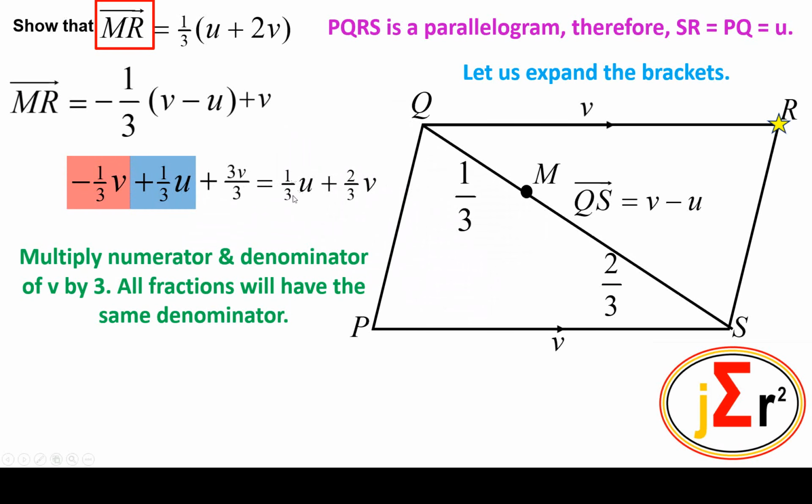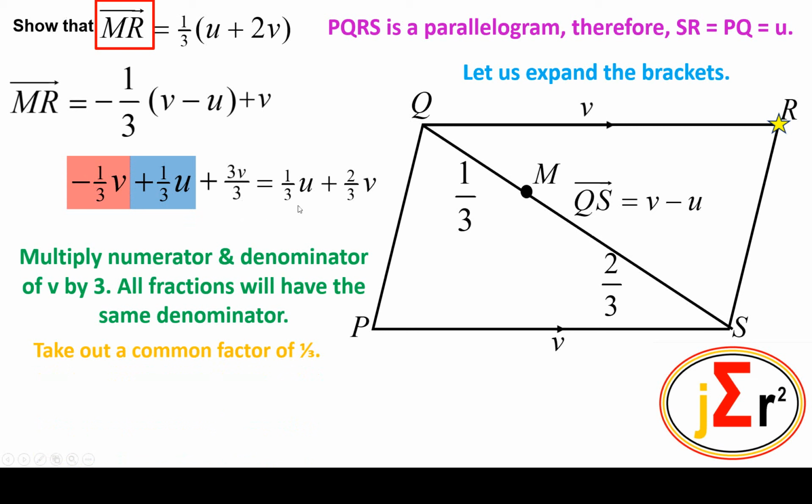So 1/3 of U returns just as it is, and we have negative 1/3 V plus 3/3 V is equal to 2/3 of V. Or we may look at it the other way around. 3/3 V minus 1/3 V is equal to 2/3 of V.